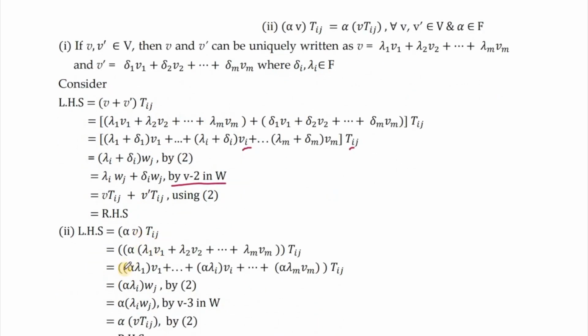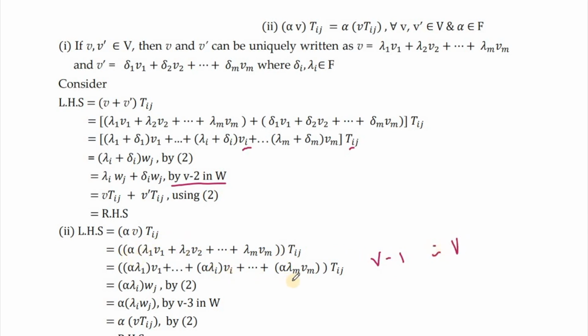And the same way for this, you have alpha lambda 1 V1 and so on. Here you can use scalar multiplication, alpha u plus v's. So V1 is used here, V1 is used here and V1 in capital V. So that is used here.